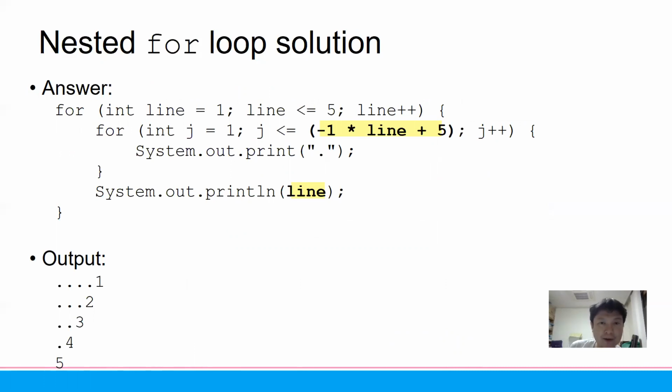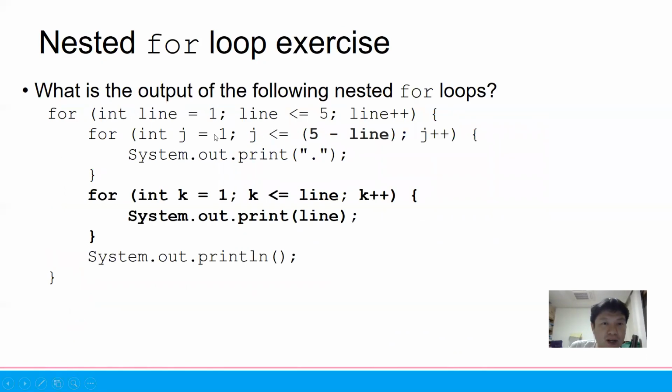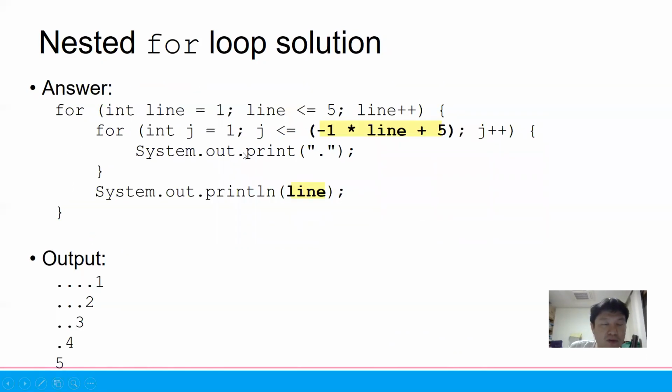Line equals 1 and line less than or equal to 5. Then if j equals 1 and j is less than or equal to -1 multiplied by line plus 5, we still have the iteration after completing the action. So now the line has been set up.